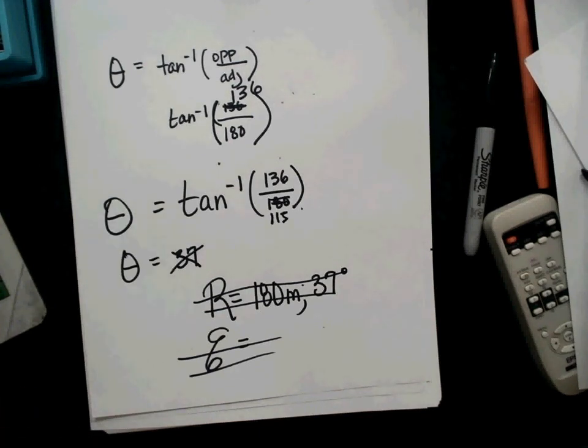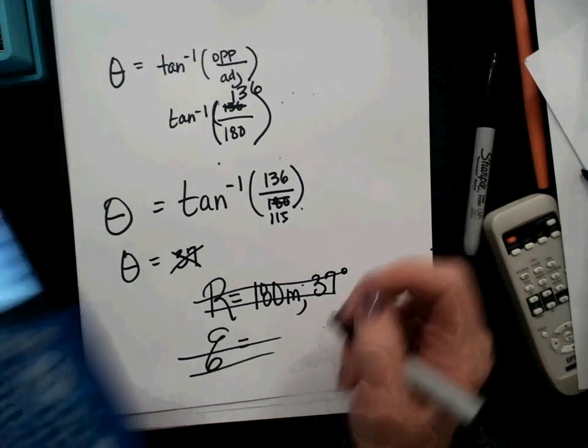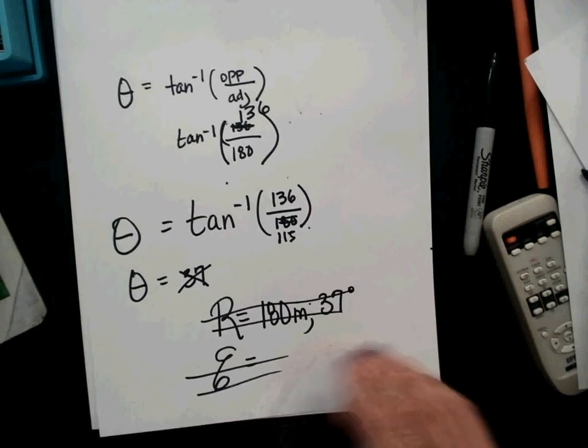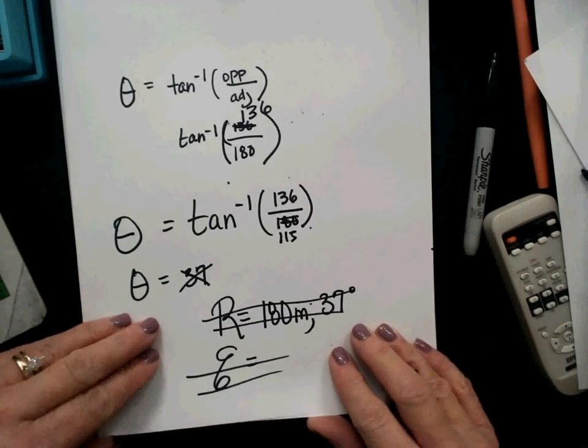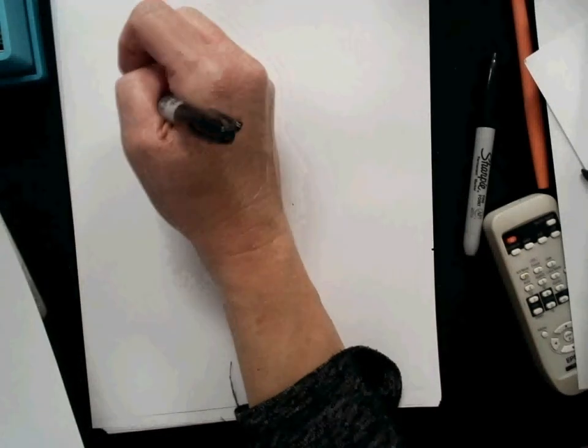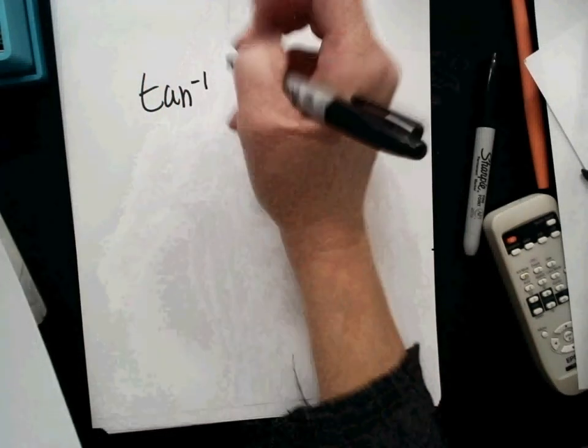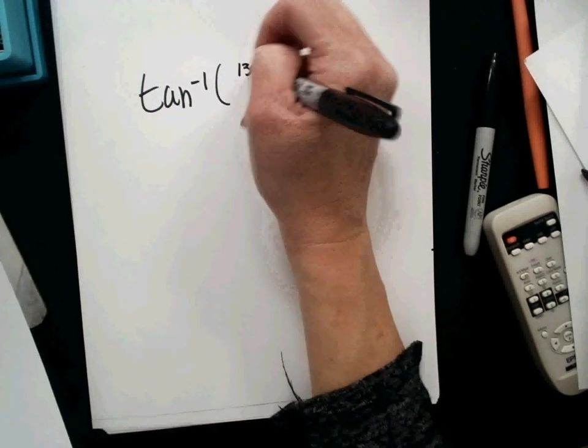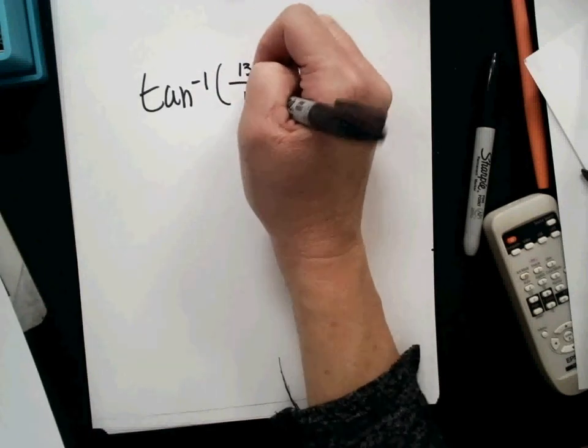So what did we get? Yeah, Paige said it. So let's write it over on another sheet of paper, just so we make sure you got it right.